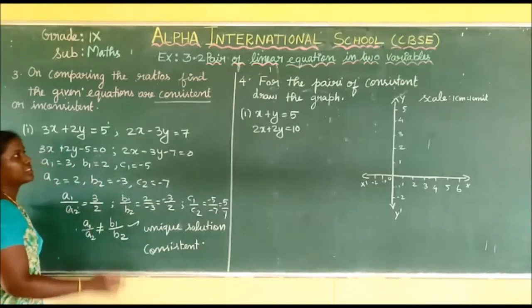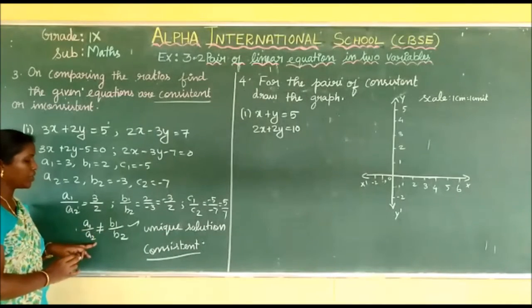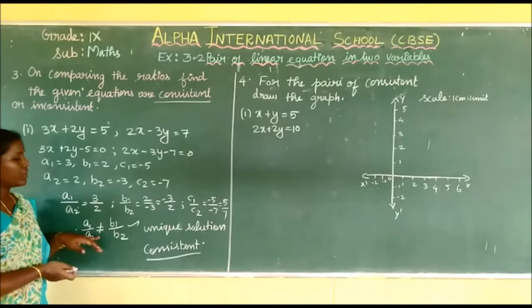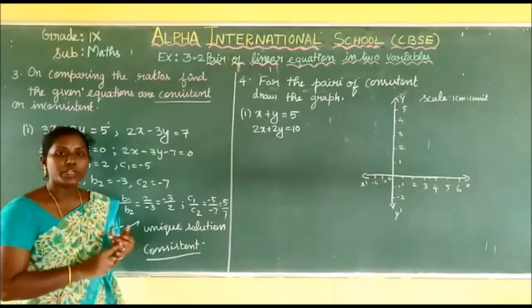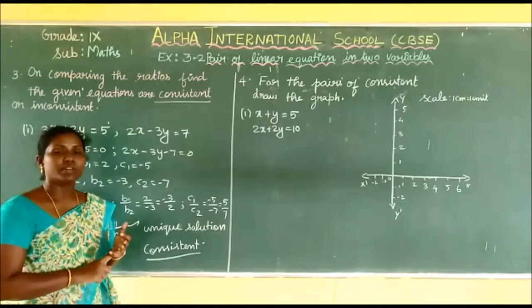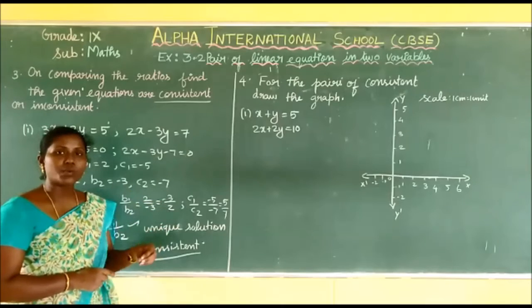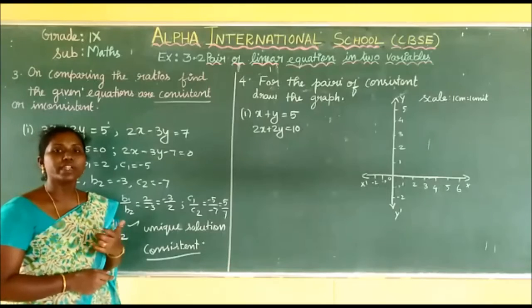The given pair of linear equations, whenever you have A1 by A2 not equal to B1 by B2, just see the ratios of the coefficients. If A1 by A2 is not equal to B1 by B2, there will be a unique solution, so the given equations are consistent. If all the coefficients are equal, we will have coincident lines, with infinitely many solutions.